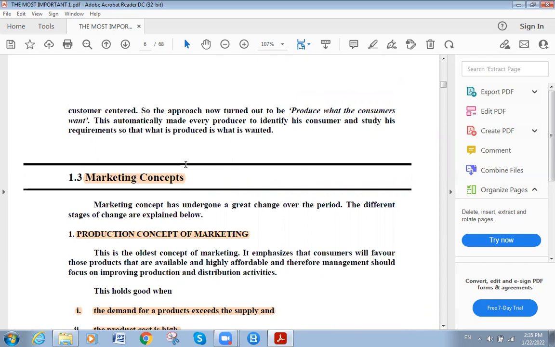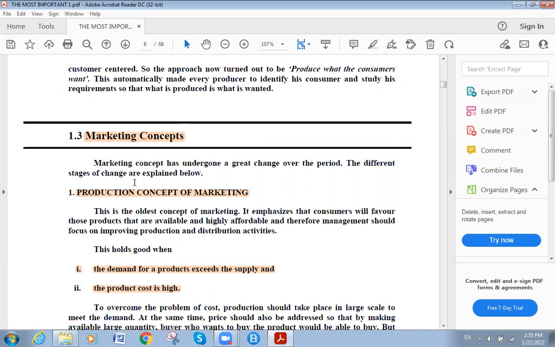So the start is the production concept. This era came after the Industrial Revolution in Europe, and after the invention of the diesel and the steam engine, which increased the volume of production.